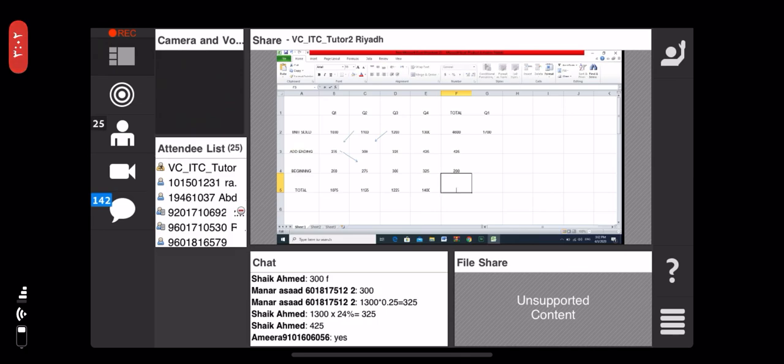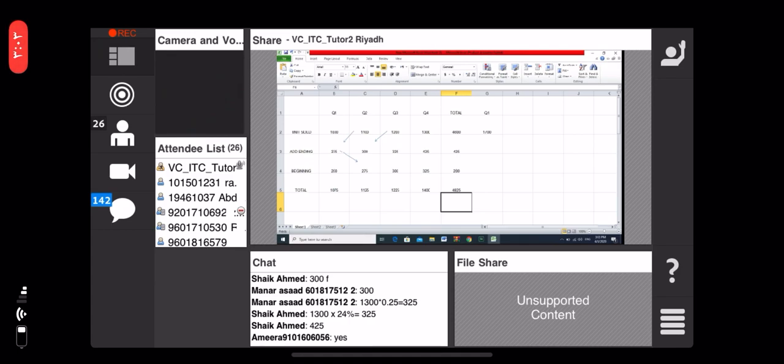4600, 4000 plus 4000 plus 425 minus 200 will be 4825 units.